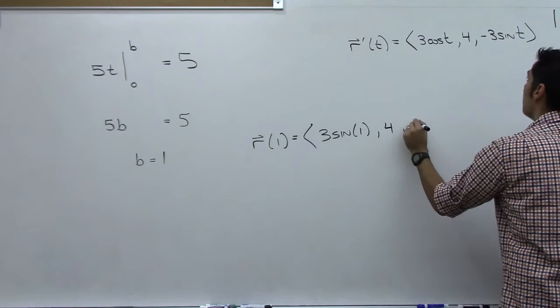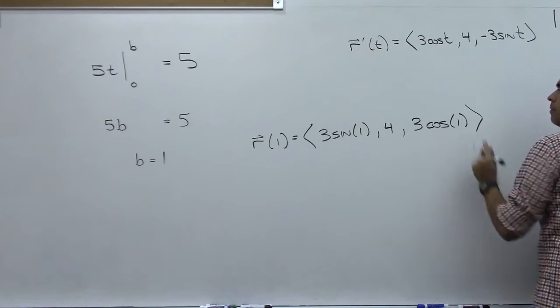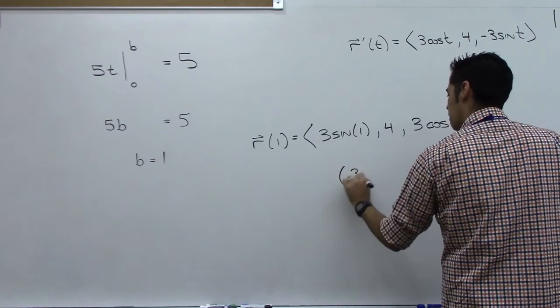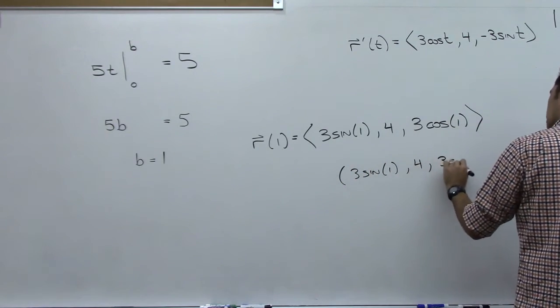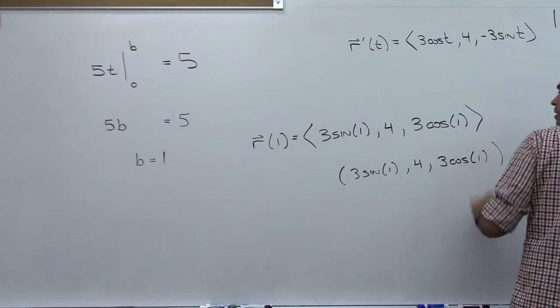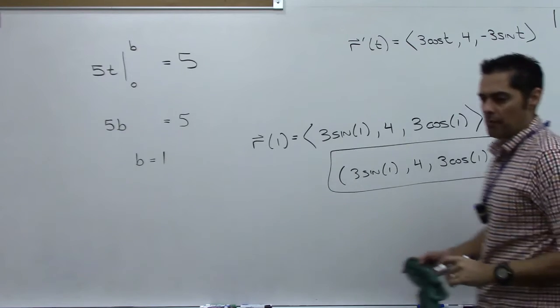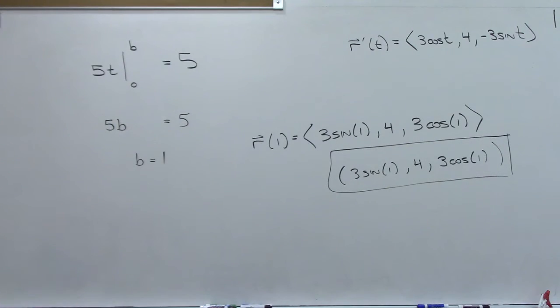And then 3 cosine of 1. So as a point, it's 3 sine 1, 4, 3 cosine 1. That's where you are on the curve if you travel 5 units along it, if you had started at 0, 0, 3.